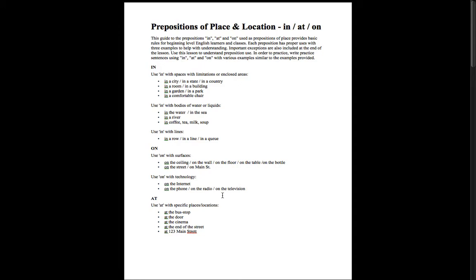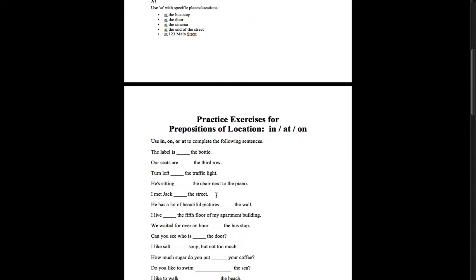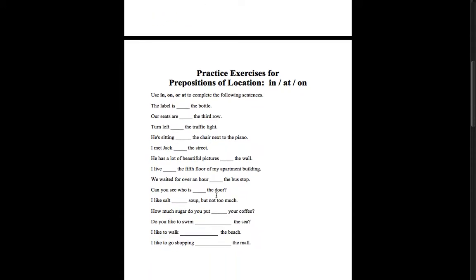And then at, where we're talking about specific addresses, at the bus stop, at the traffic light, etc. Then I offer them some practice exercises as a concept check, to make sure they understand what's happening.